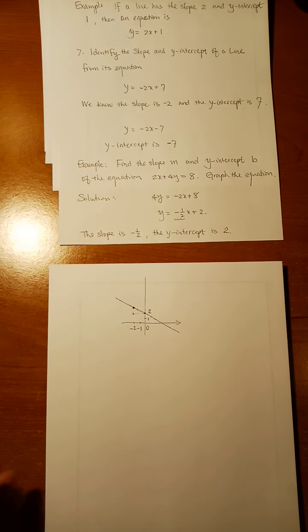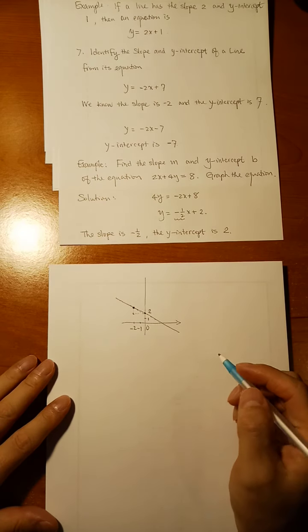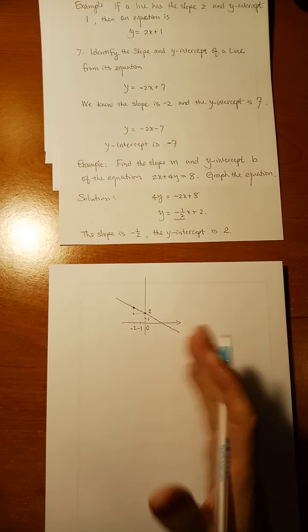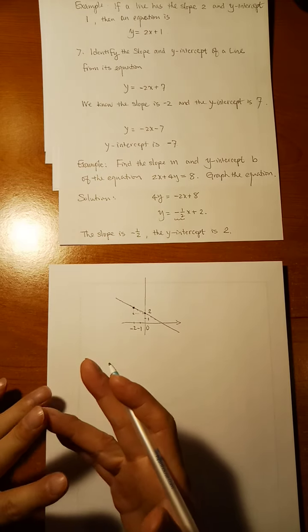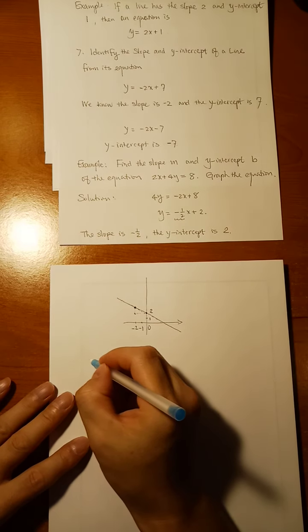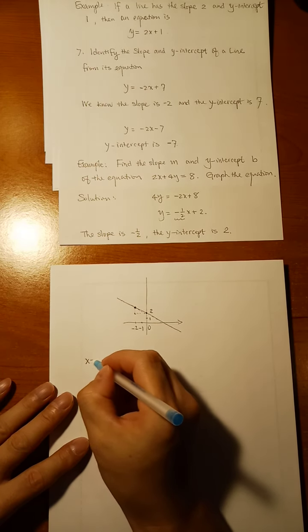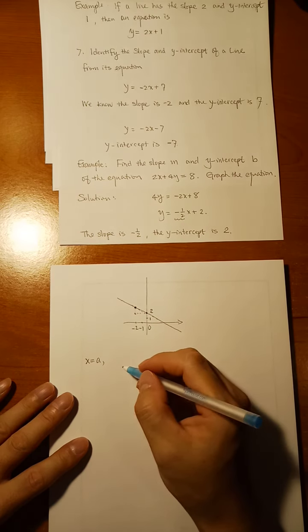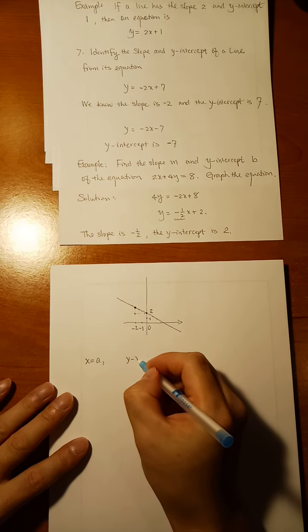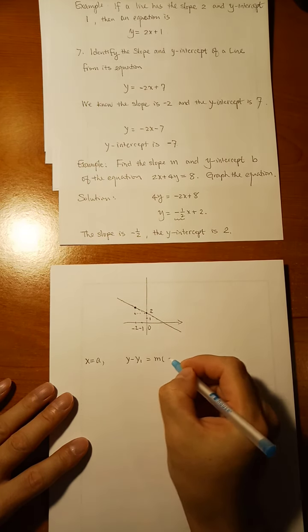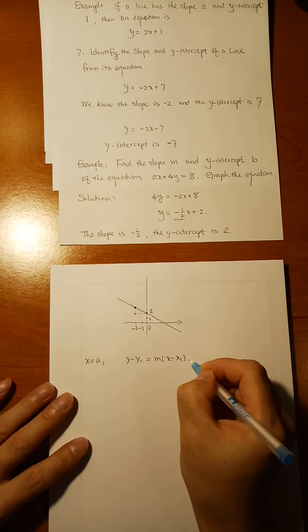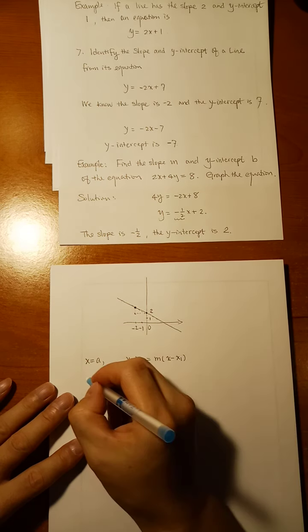Okay, so check here. We have several forms. We have the equation of a vertical line, x equal to a. We have the point-slope form, y minus y1 equal to m times x minus x1.